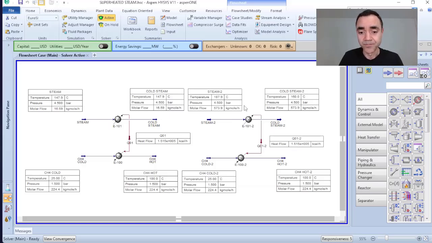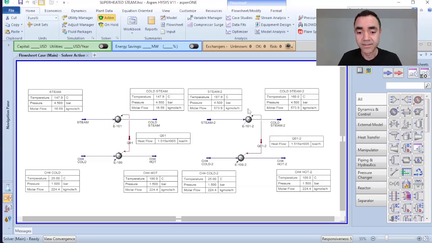Let's understand this. First, I am in the superheated region because the temperature of my steam is above the saturated condition. And my final temperature in the superheated steam is also above the saturated condition because I want to keep my steam in this exercise as superheated. I am not condensing the steam. So I don't have, as I mentioned to you, the latent heat of condensation to give the energy needed to heat up the methane.